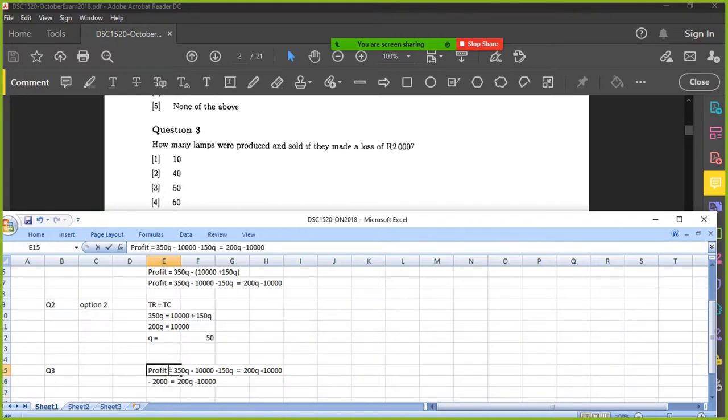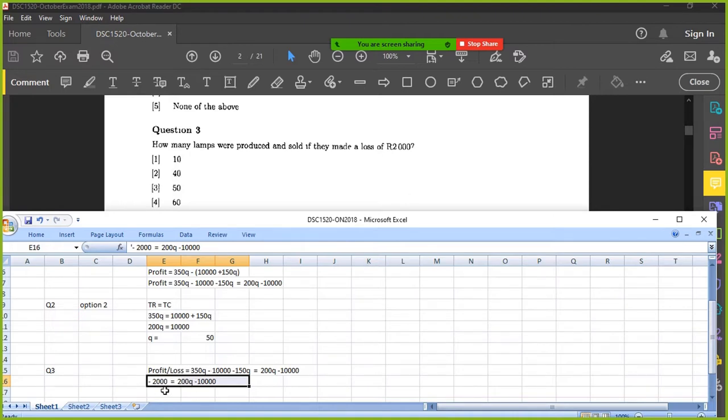So it's profit or loss, depending on whether it's favorable or unfavorable. If a business makes less revenue and they have more costs, then you'll have a loss instead of a profit. But you'll still have TR minus TC. Revenue minus cost will still give you the right answer, either a profit or a loss. If your costs are too high, then you'll land up with the loss. Does it make sense?